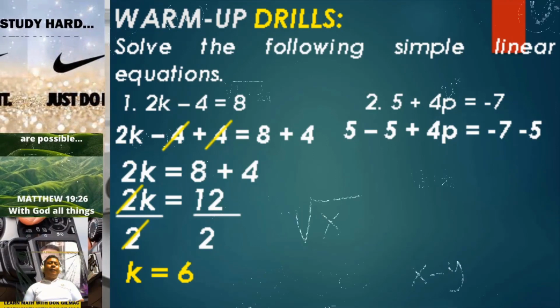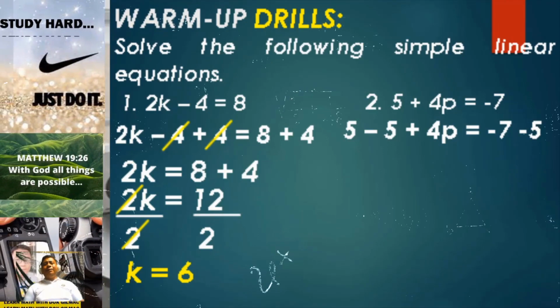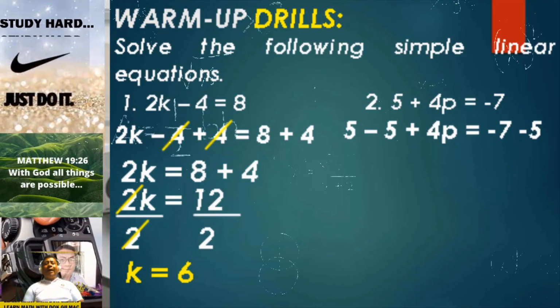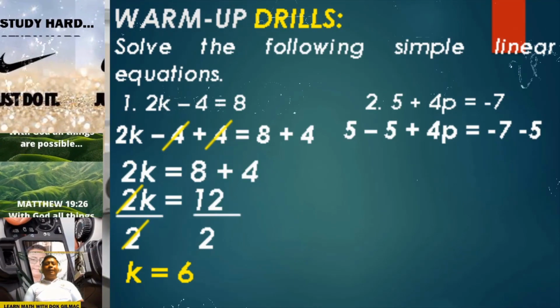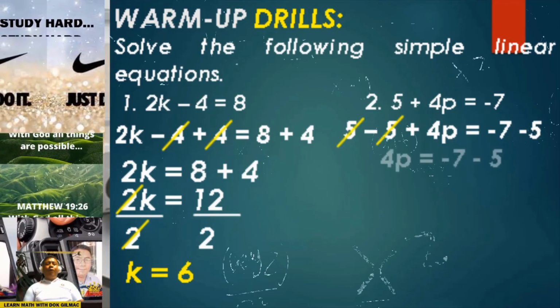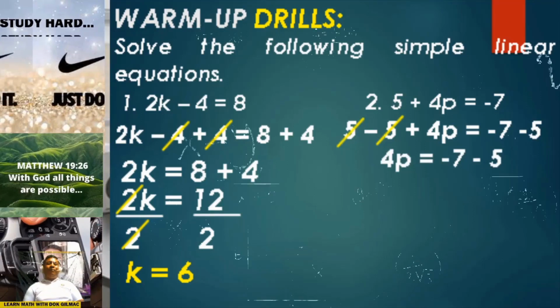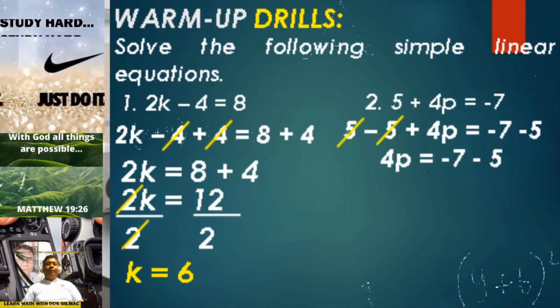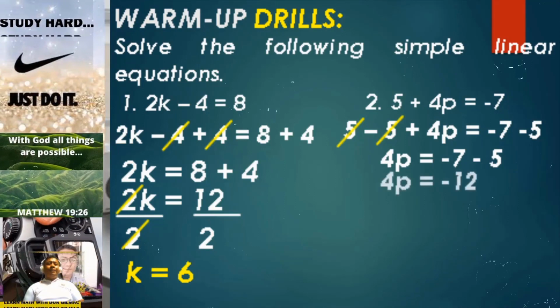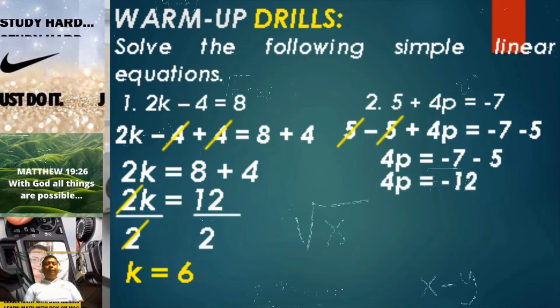Simplifying further, we can just cancel out 5 and negative 5 since they are additive inverse. Cancel out 5 and negative 5. So we have 4p is equal to negative 7 minus 5. Simplifying further, 4p is equal to negative 12.